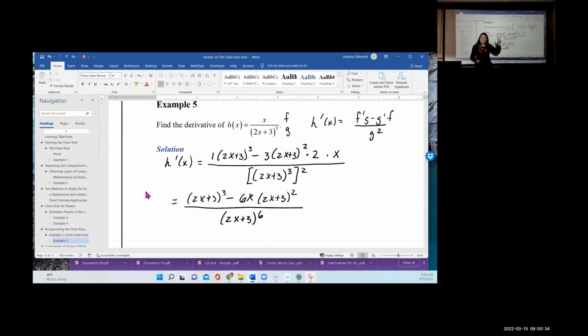You have two terms, and 2x + 3 is a common factor of both. So we're going to factor out the 2x + 3, and we have at least two of them in each term in the numerator. So when I factor it out, this leaves behind one set of 2x + 3 from the first term and minus 6x from the second term. And then this is all divided by (2x + 3) quantity to the 6th.